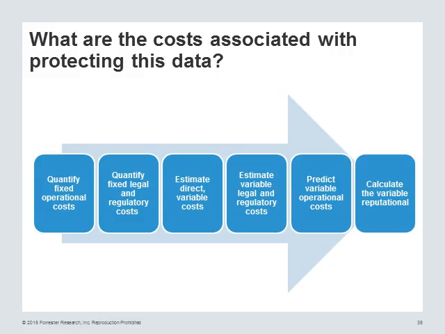There's also different types of variable legal and regulatory costs as well. So this could be the result of a breach or compliance violation, so a fine could be included here, penalties, other costs of audit. Settlements, legal defense could fall under here as well. Then we also have variable operational costs. So for example, this could also be associated with the response to the breach event.